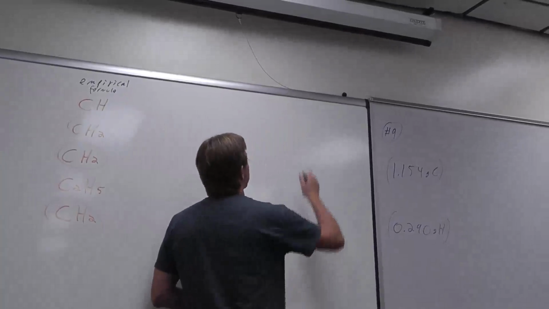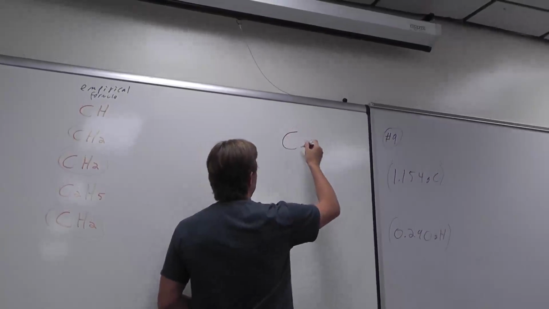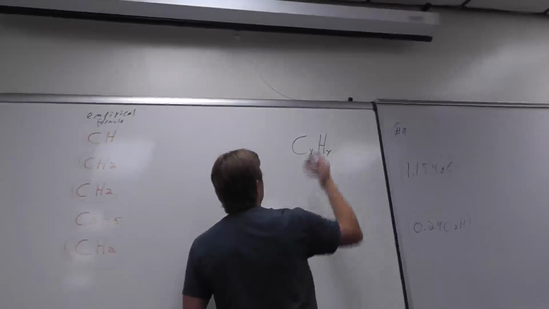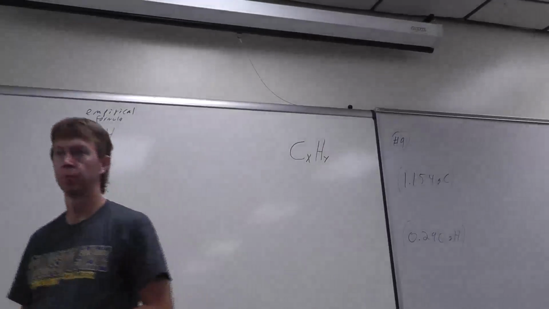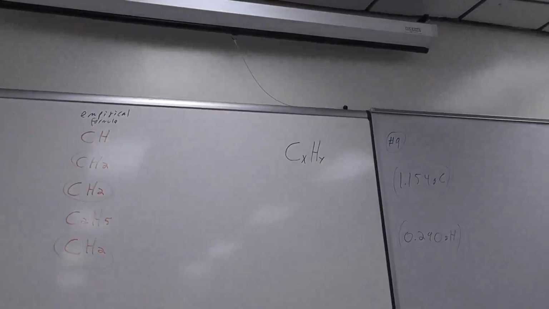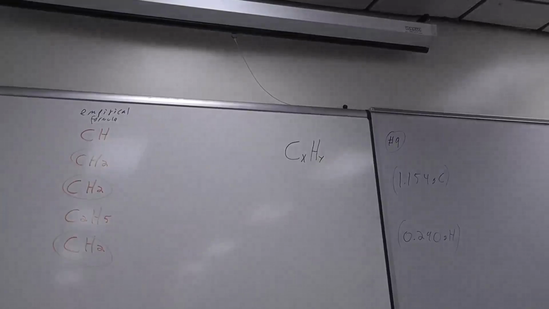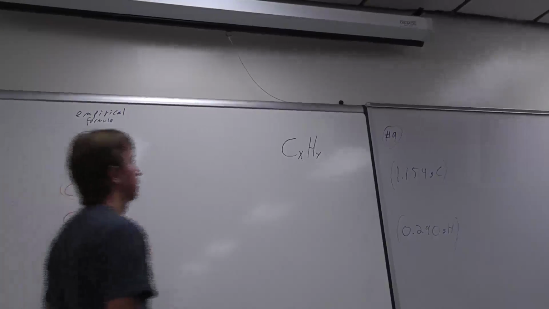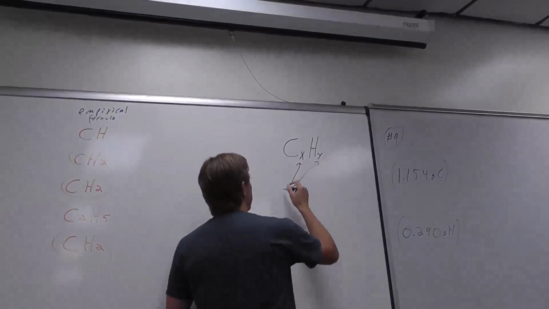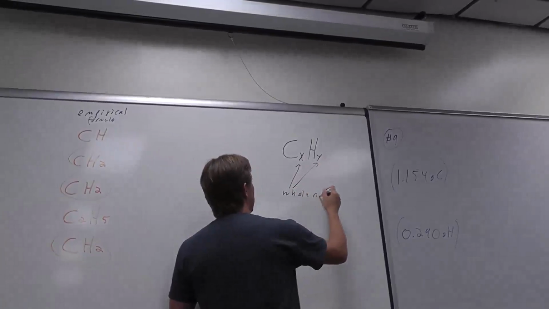Now, if carbon and hydrogen is all we've got, then I'm going to go ahead and write up here generically, this is our formula, where X and Y are just generic subscripts for now. We don't know the numbers that go in there yet, but what we do know about the subscripts in the formula is they have to be whole numbers.